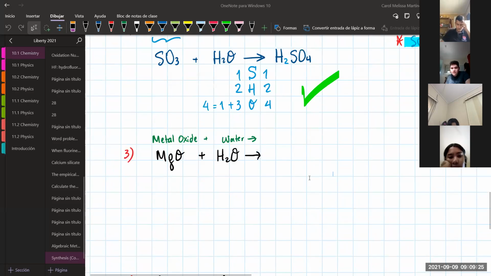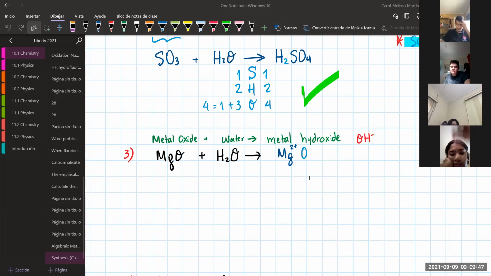So you're going to take the metal. In this case, it is magnesium. You write the charge of magnesium and then hydroxide. You know hydroxide is the ion OH minus. So you will combine it with OH minus. You have to crisscross the charges.